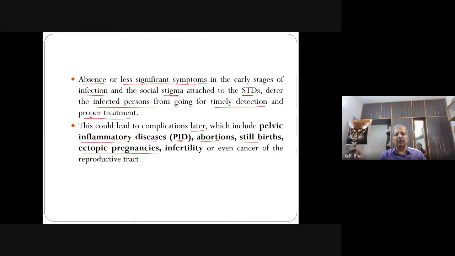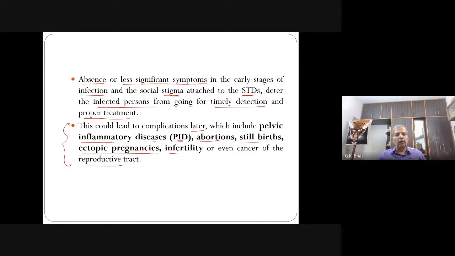Your fetus should develop inside the uterus, but in ectopic pregnancy, the fetus develops outside the uterus. Infertility, not getting children at all, or even cancer of the reproductive tract. This may all come into effect if one gets STDs.